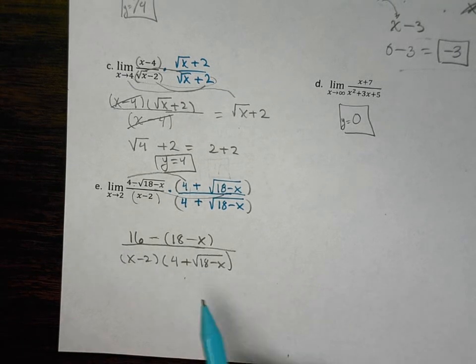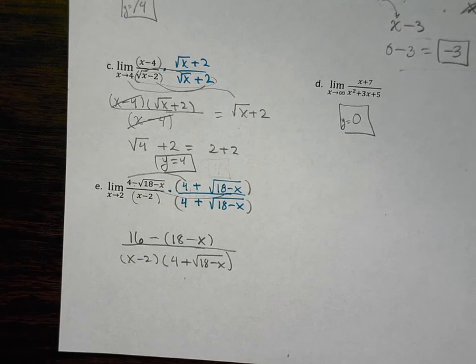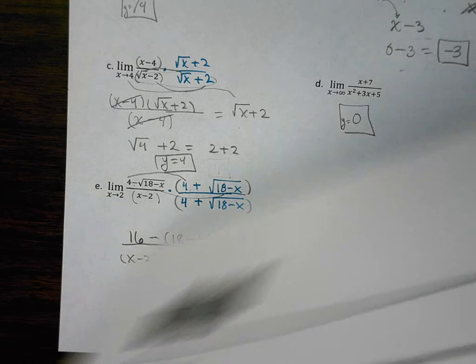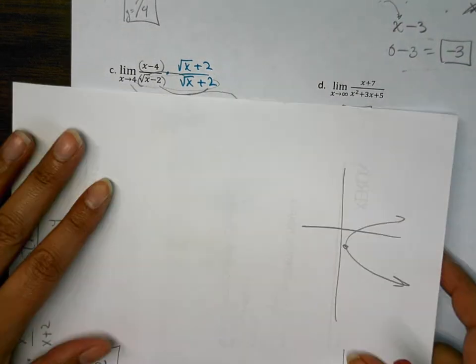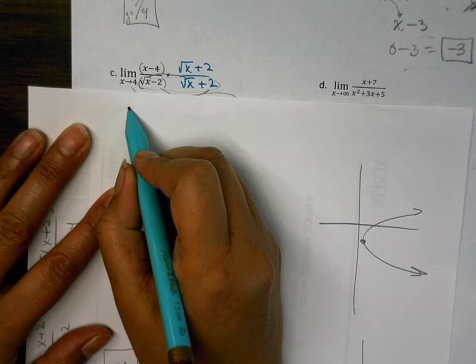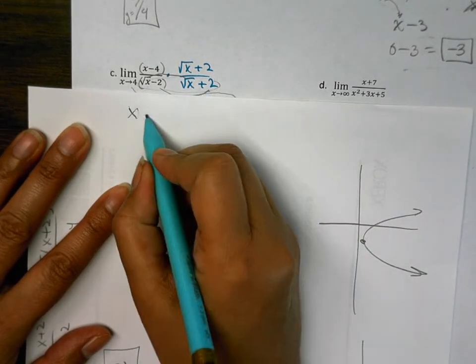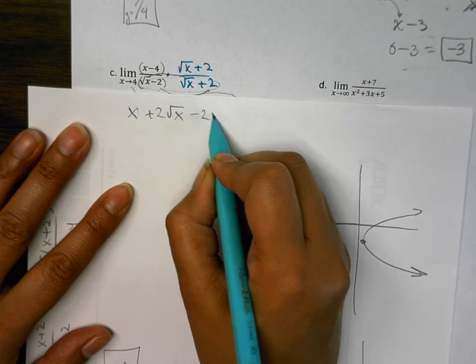Bianca, ask me your question. Why was what? I don't understand. Like, why is it not? Why is it what? Okay. No middle terms. I will show you quickly. I'm not going to show it on this one. I'm going to show it on this one up here. When you multiply conjugates, root x times root x is x. Root x times 2 is 2 root x.